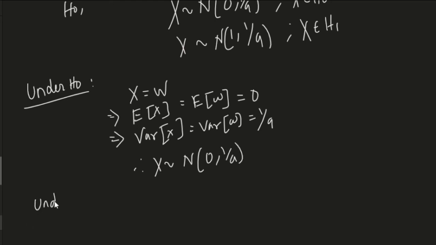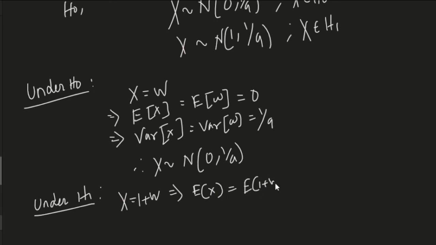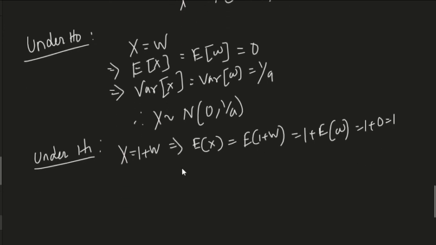And under H1, X is 1 plus W, and this means E of X is simply 1, so the mean is 1, and adding a constant to the variable doesn't change its variance, because variance of X would then be variance of 1 plus W, which is 1 by 9.